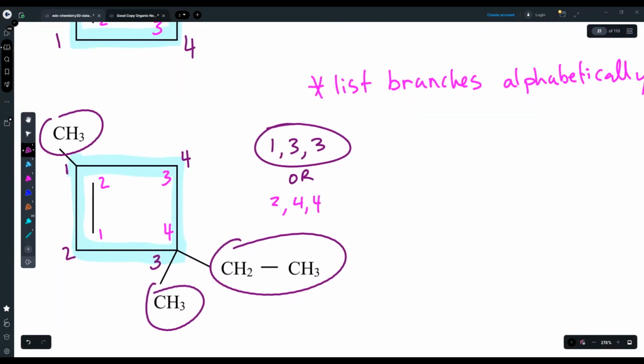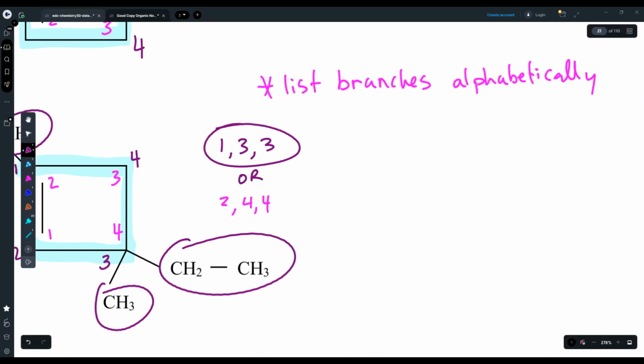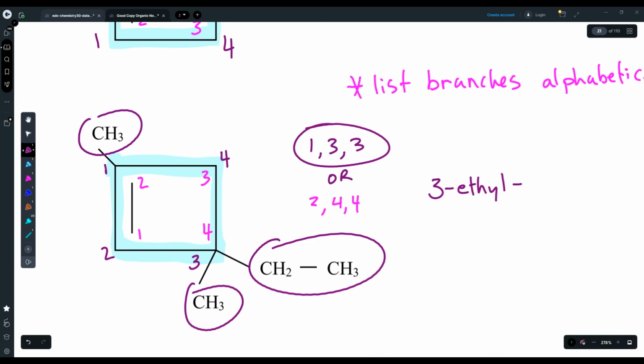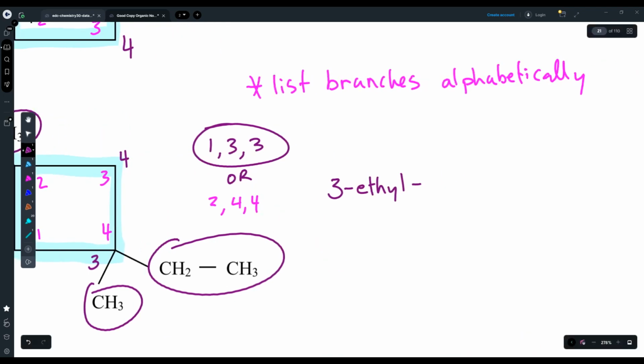For our branches here, remember we have to list these alphabetically. That's why I'm going to talk about the ethyl branch first, even though it's not on carbon number 1. So 3-ethyl, and then now we're talking about the methyl branches, and I'm going to list the numbers in numerical order.